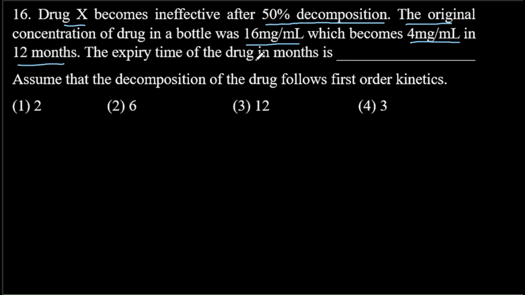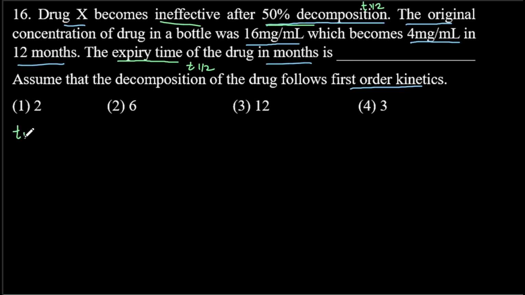So the expiry time of the drug in months is, assume that the decomposition of the drug follows first order kinetics. So the expiry time of the drug means you have to find the T half, because after the half-life of this drug X, the drug becomes ineffective. So 50% decomposition is nothing but T half.